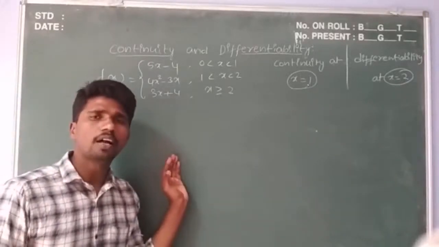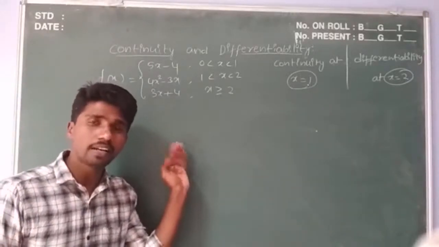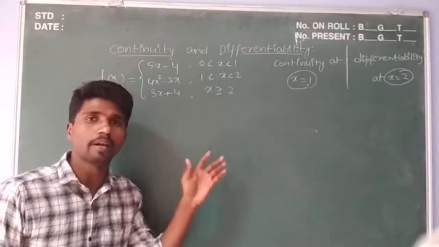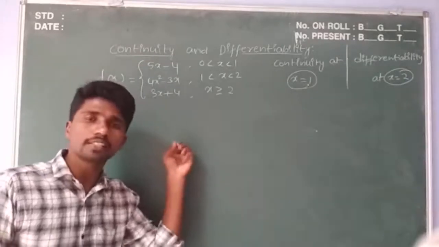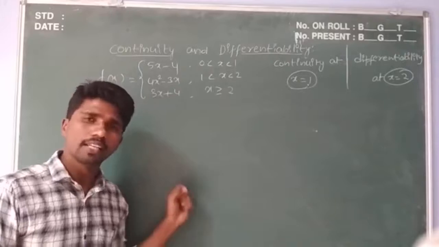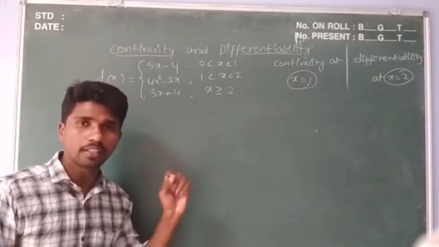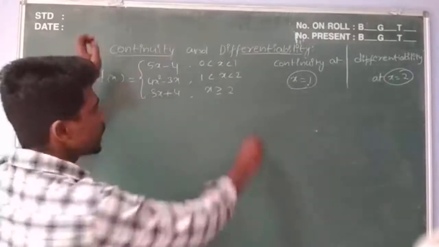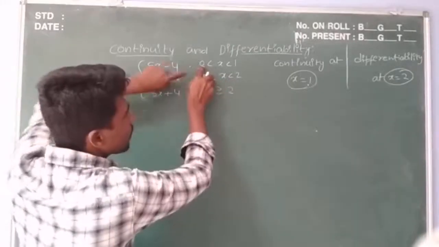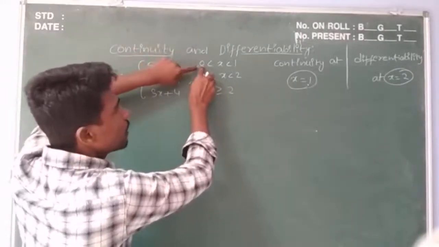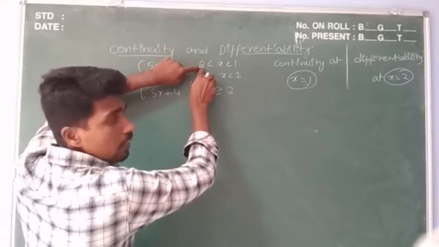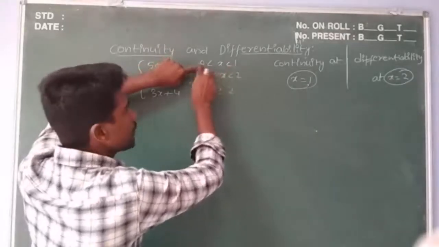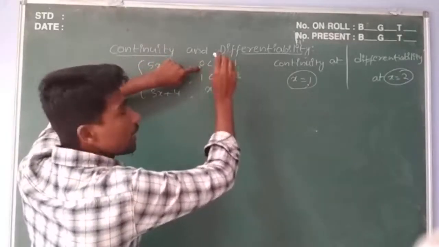See, we have learned already the function is continuous in its own domain. If the particular point does not exist in its domain, then we can say the given function is discontinuous at that particular point. So if you take this one, the function is defined from 0 to 1, where 0 and 1 are excluded.